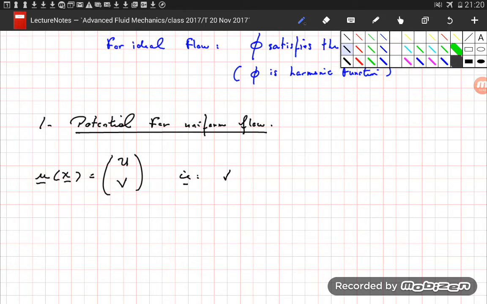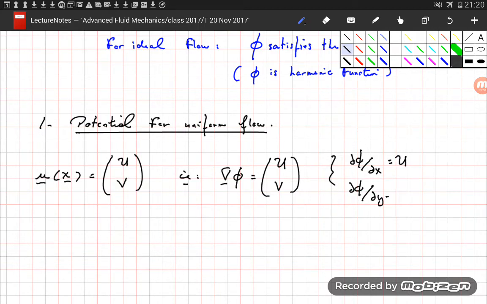So if we write that the gradient of phi is equal to those two constants, then we have the two equations, partial phi partial x is equal to u, and partial phi partial y is equal to v. So we can integrate these.